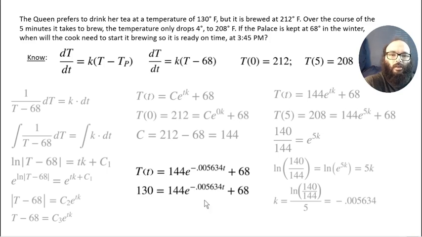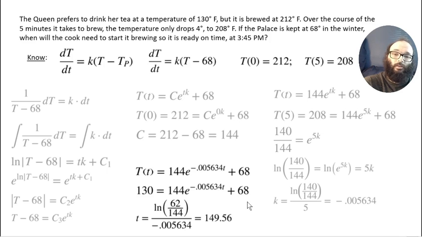And the steps we need to take here are almost exactly the same as the ones here, it's just some different numbers. So we'll go ahead and we'll subtract the 68, divide the 144, and then take the natural log of both sides and multiply it by the constant portion of the exponent. And it looks like this.